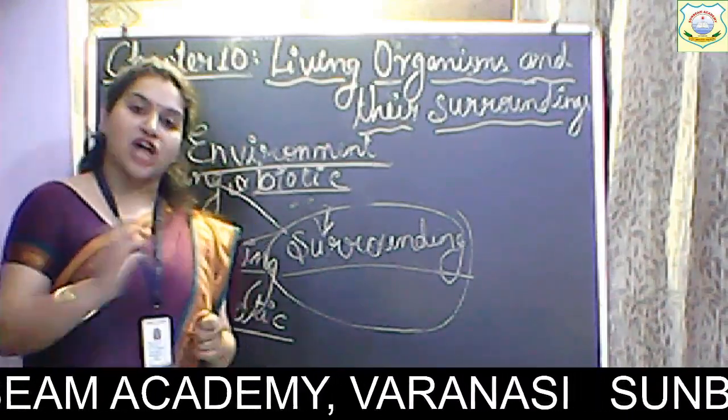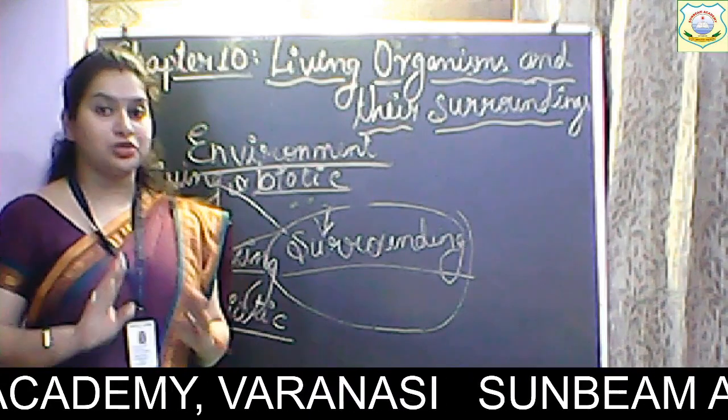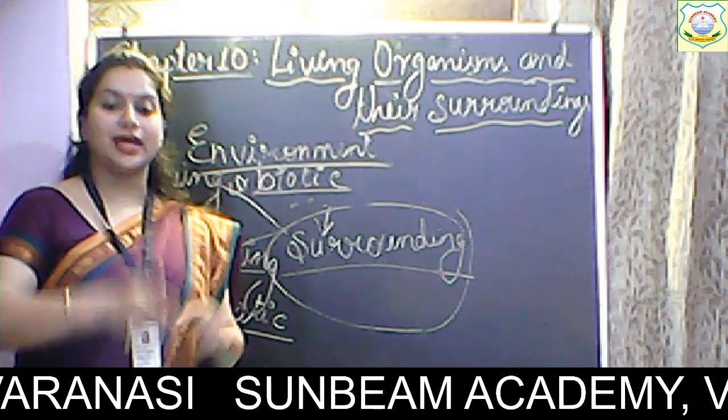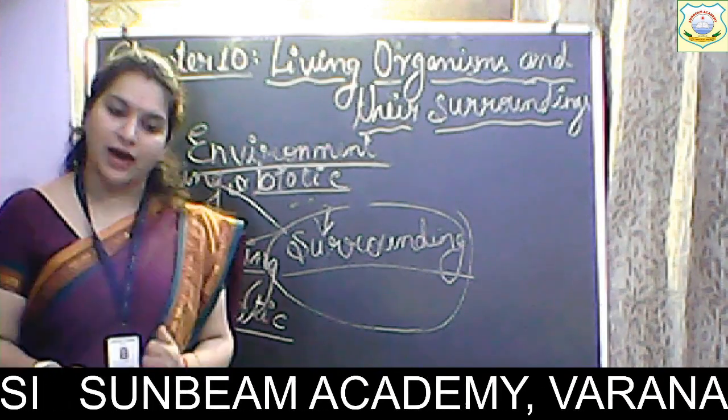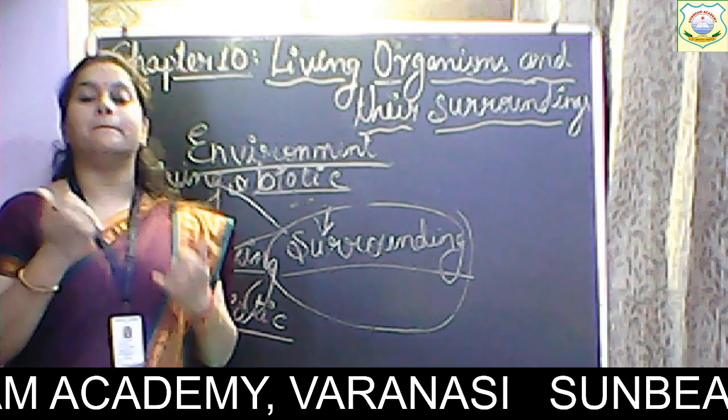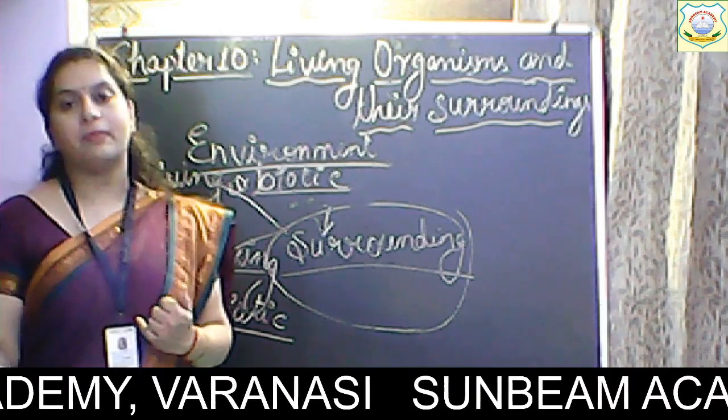So in this chapter, we are not going to say living things and non-living things. What are we going to say? We will say biotic and abiotic. So around us the things are biotic and abiotic.